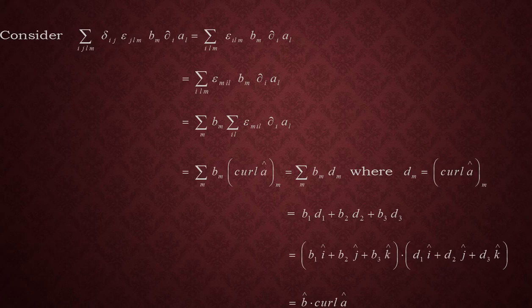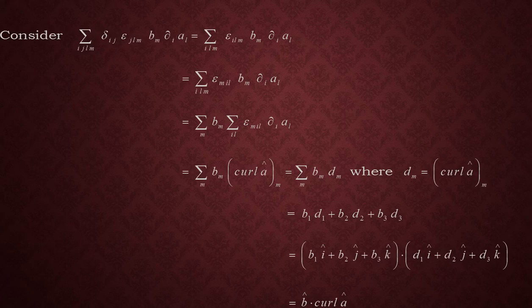This can be written as B1 i cap plus B2 j cap plus B3 k cap dotted with D1 i cap plus D2 j cap plus D3 k cap. The first part here is nothing but B cap, dotted with the second part, which is curly A cap.